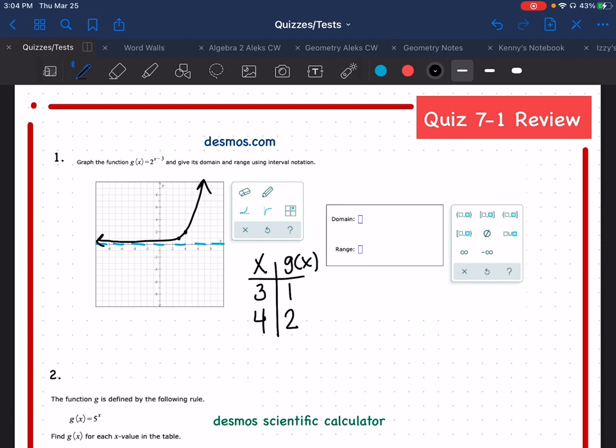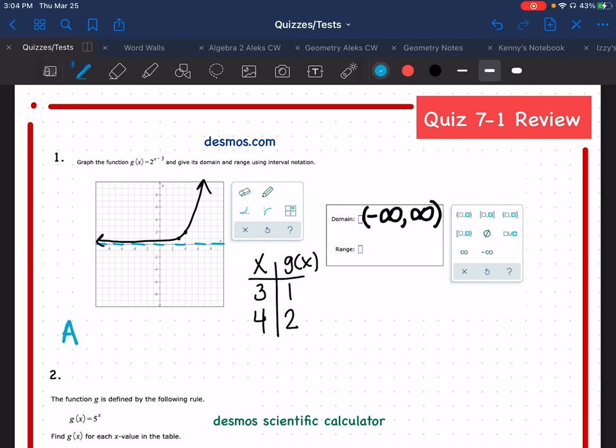Now, the domain for exponential functions is going to be negative infinity to positive infinity. Every time you graph it, there's very few times when it won't be. The range is going to be hindered and stopped by where your asymptote is. And your asymptote is at y equals 3.